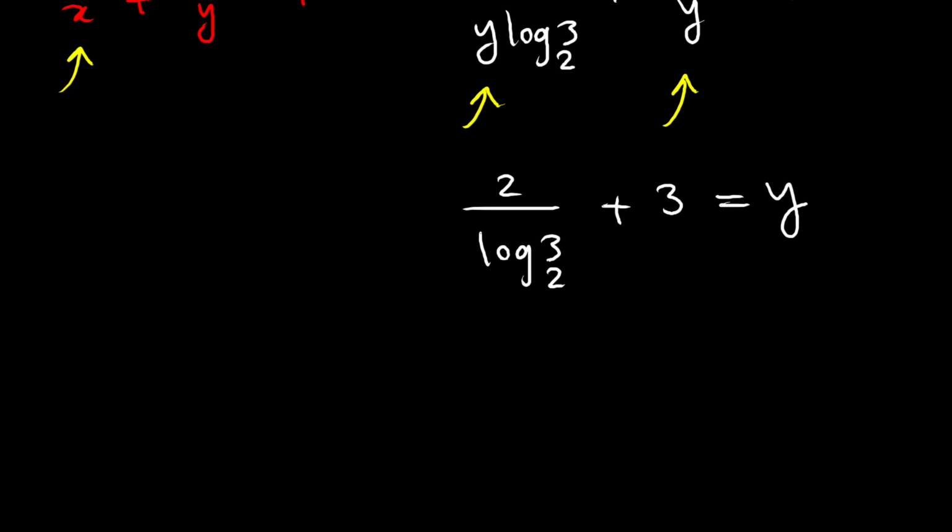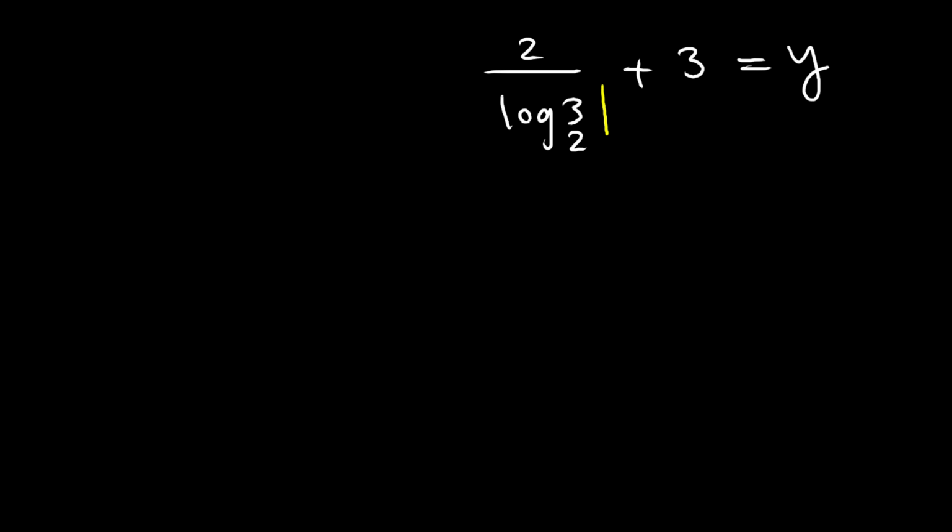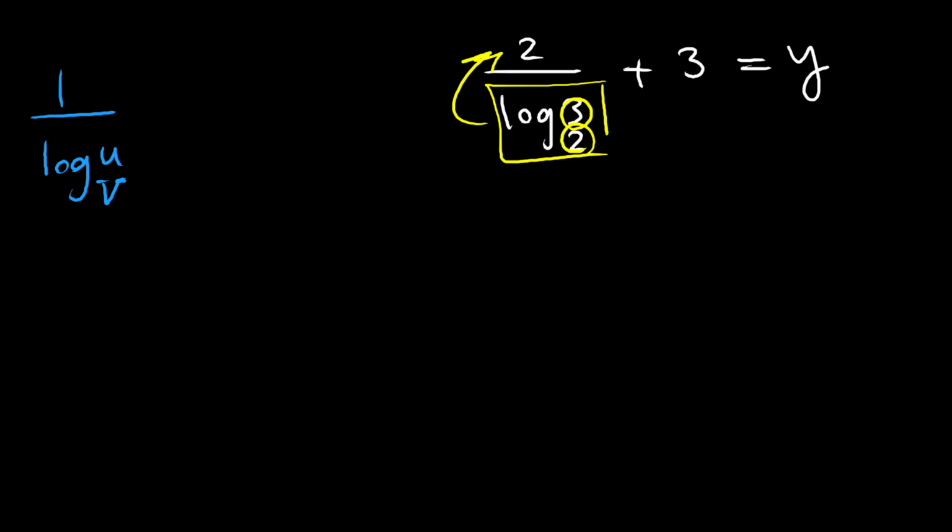Next, notice that we can take this log and bring it up from the denominator, but we need to switch these numbers around. So whenever we have 1 over log of u with base v, this is going to equal log of v with base u. So whenever we take log from the denominator and put it in the numerator, we need to switch the numbers around.